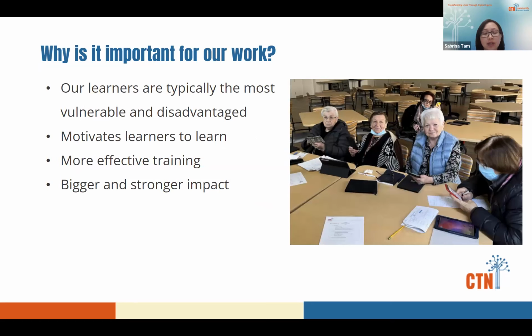It makes the training more effective, and therefore our hard work can create a bigger and stronger impact on the lives of our learners. And the proper technology skills can help our learners resolve many of the issues that they worry about day to day. They can also find additional resources that were not available to them offline. And that's why it is so important for CTN to incorporate cultural inclusion in our programs.